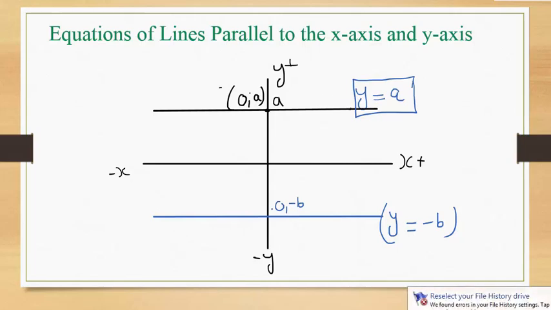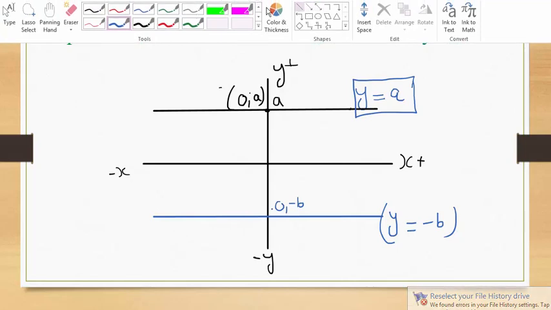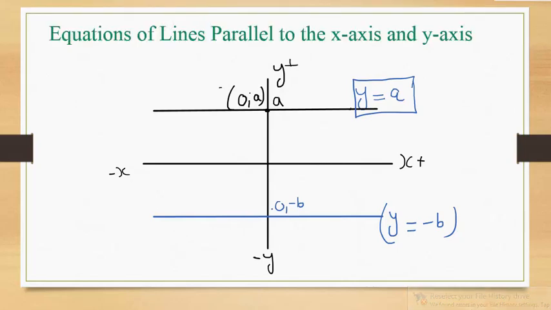Now for a line parallel to the y-axis, if this is my line parallel to the y-axis, then according to the coordinate system, this point will be, say, (A, 0).